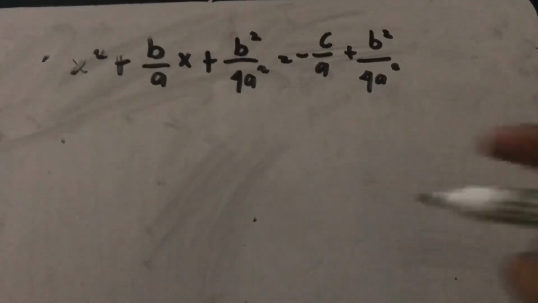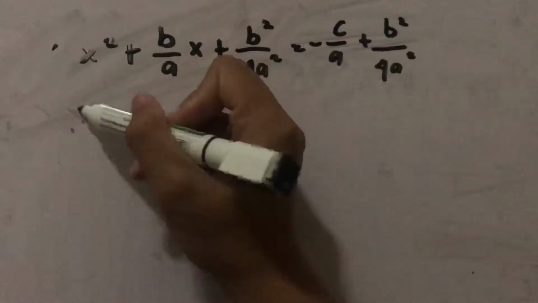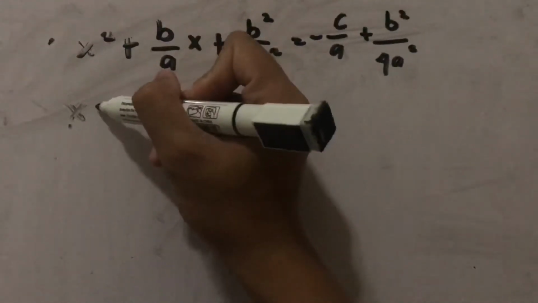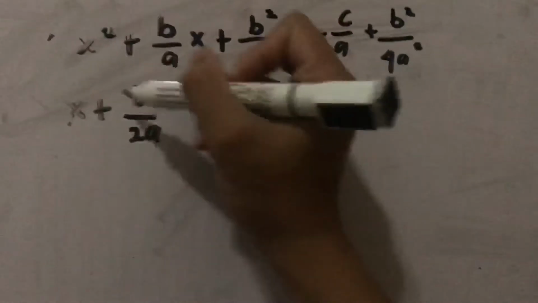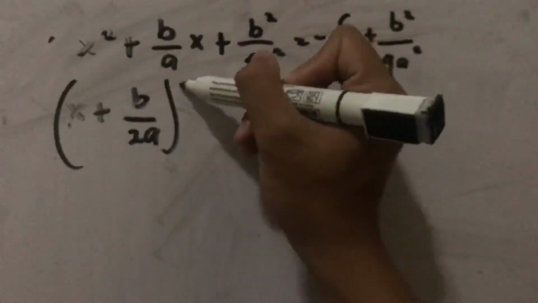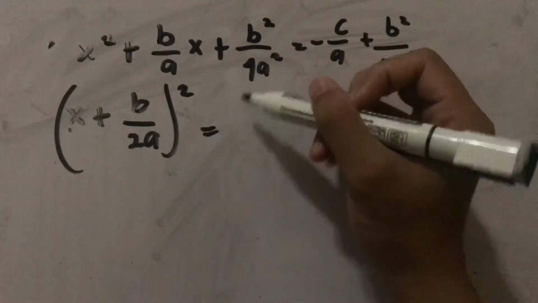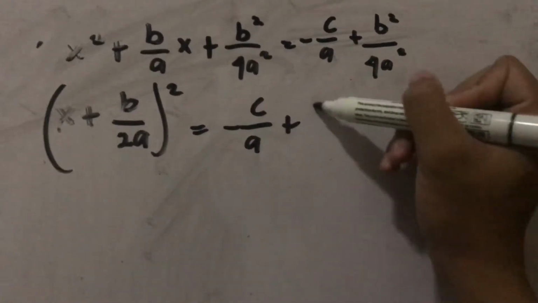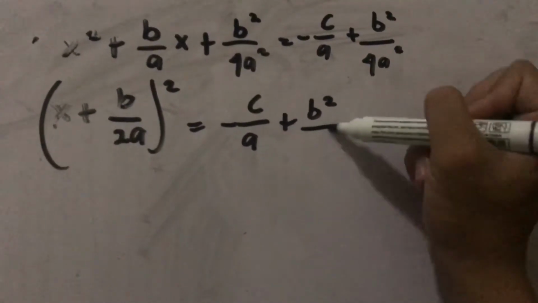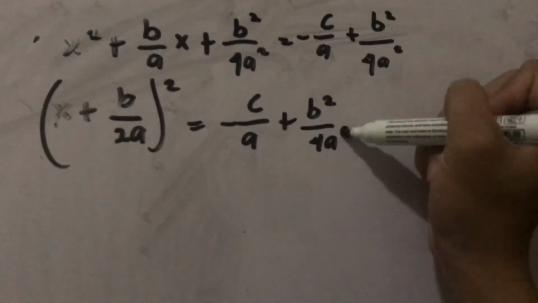So pag pinactor out natin yan, we have x plus b over 2a squared is equal to negative c over a plus b squared over 4a squared.